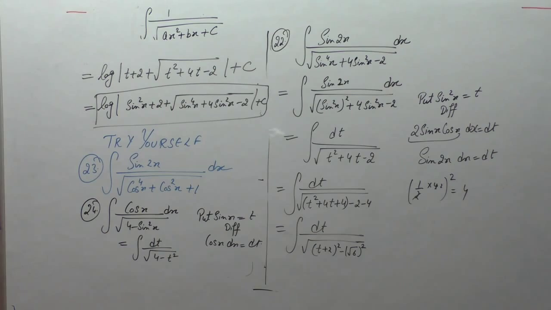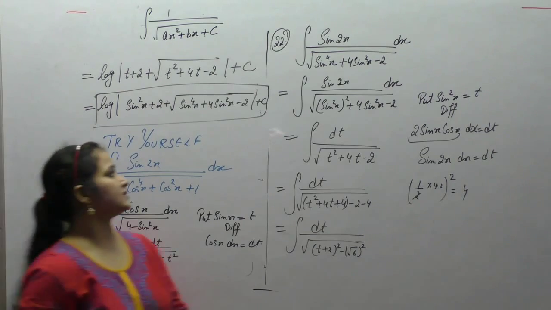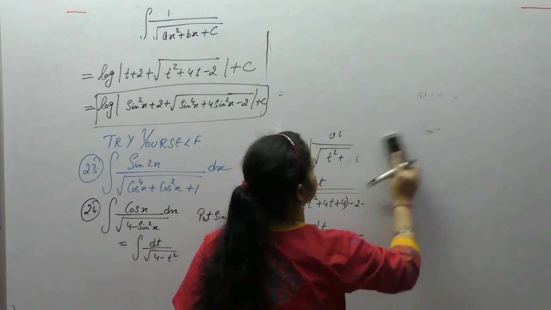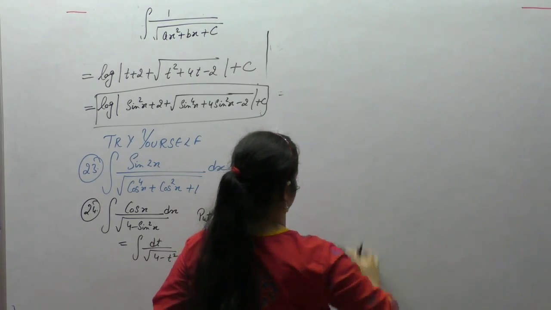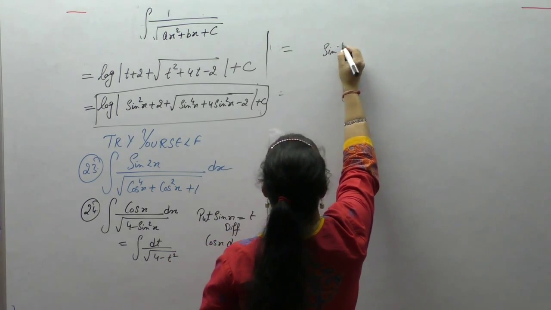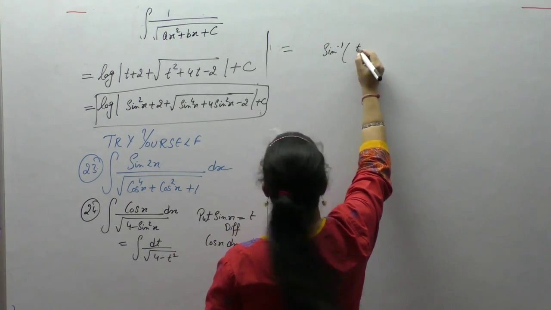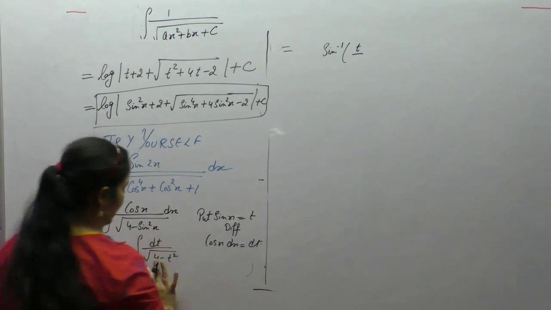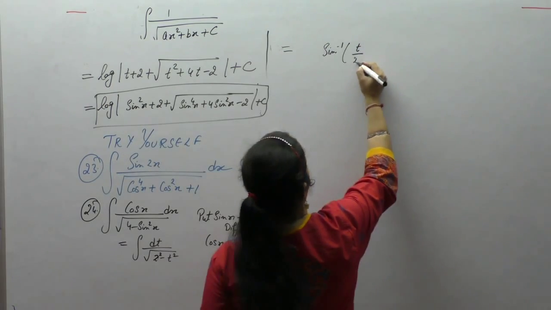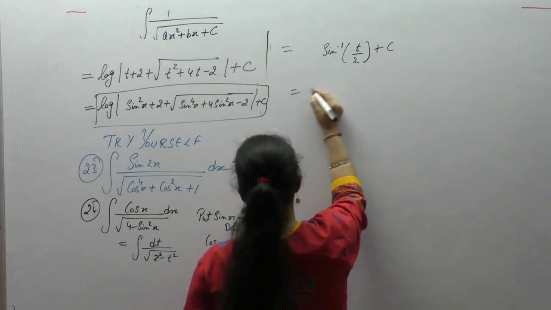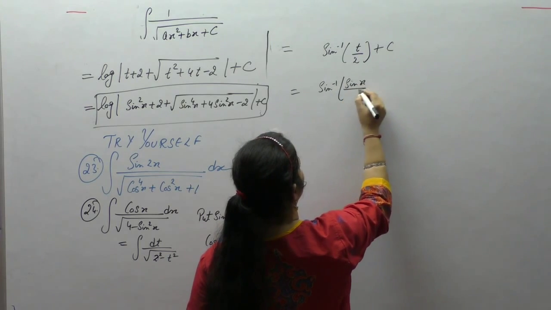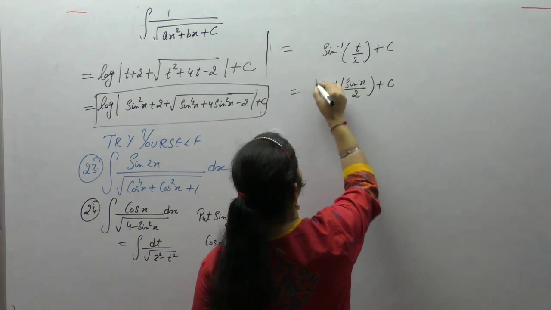The integral of 1 upon square root of a square minus x square is sin inverse x upon a. We can write 4 as 2 square, so sin inverse t upon 2. T here is sin x, so the answer is sin inverse of sin x upon 2 plus c.